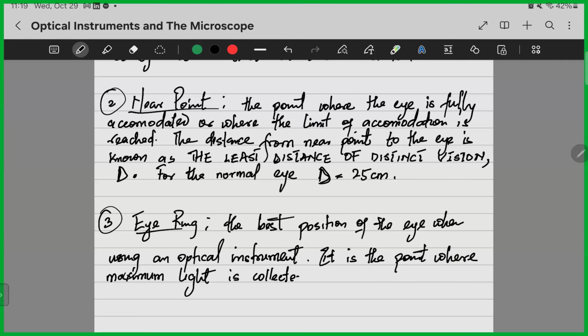Take note of that. It is located at the image of the objective lens, or let me put it like this, of the objective in the eyepiece. Just take note of this point and let's move forward.